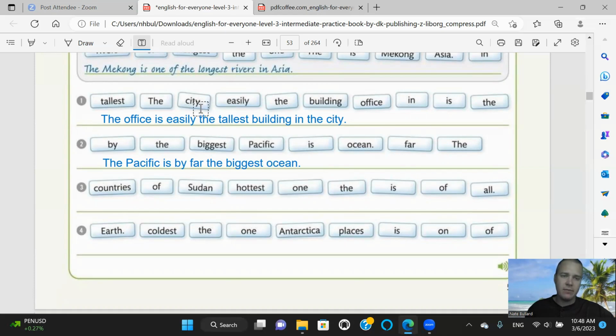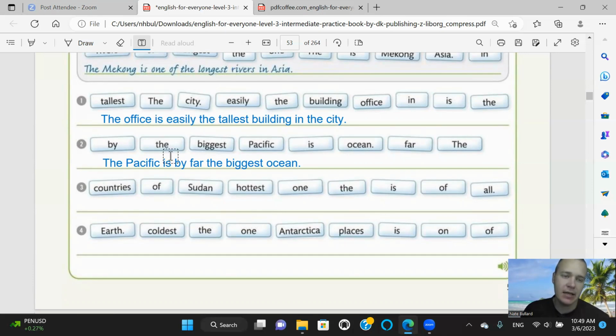Acuérdense que muchas veces vamos a poner... ¿cómo se llama esta palabra otra vez? Creo que esta palabra es the adverb, adverbio.